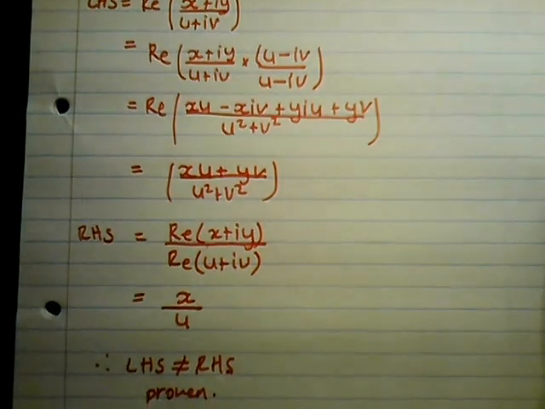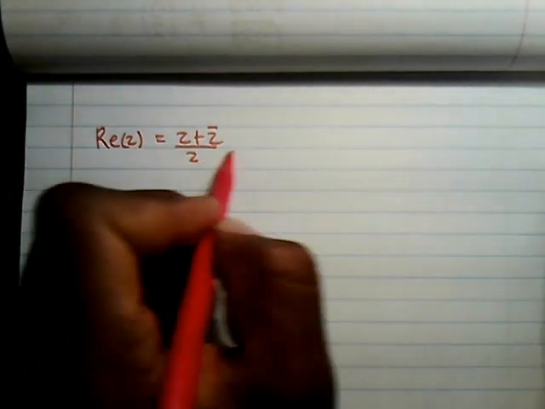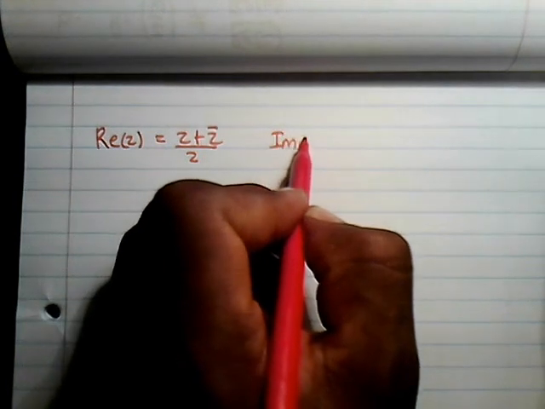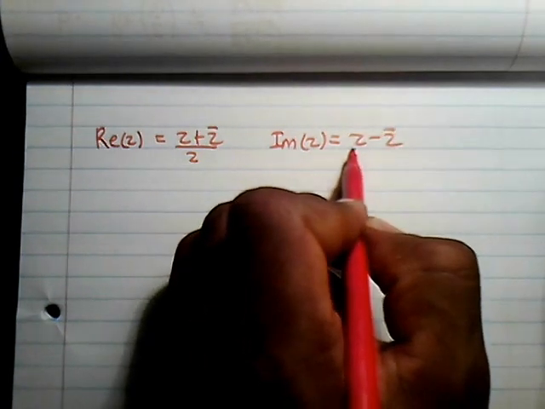now we're gonna go to tutorial 3. And tutorial 3 says to prove the following identities for a general complex number Z. So we're proving identities for a complex number Z, and those identities which we are to prove are Re Z is equal to (Z plus Z bar) divided by 2, and Im Z is equal to (Z minus Z bar) divided by 2i.